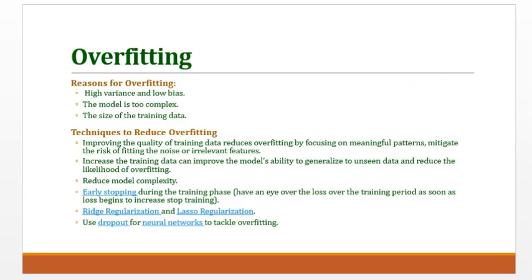Now, the reasons for overfitting: it can be due to a large amount of information, the model may be too complex, and it can also be due to high variance and low bias. A few techniques to reduce overfitting are: we can reduce the complexity of the model, we can reduce the size of the training data, we can also use ridge regularization and lasso regularization.